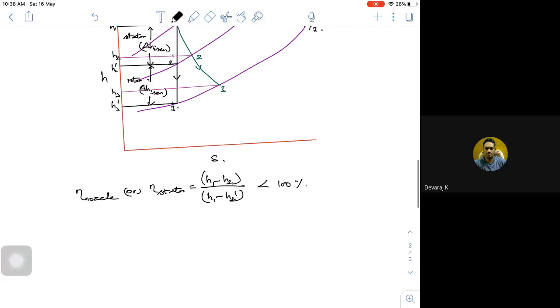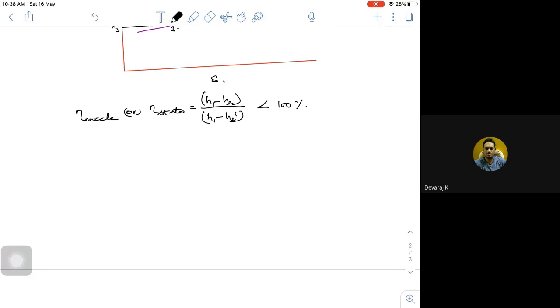And some of the facts we discussed: if I consider the stage in case of this kind of impulse reaction turbine, most of the blade sections are uniform.